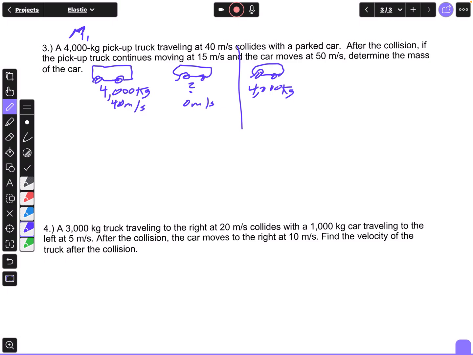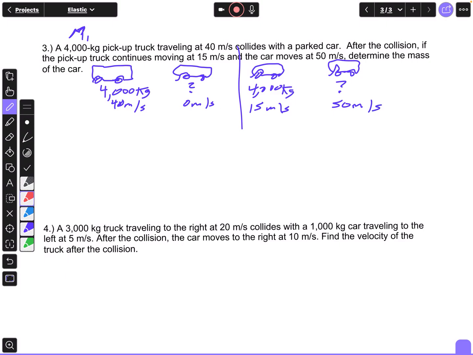After the collision, the pickup truck continues moving at 15 meters per second, so its velocity is 15 meters per second. And the car moves, again, I don't know its mass, and the car moves at 50 meters per second after collision. I want to determine the mass.